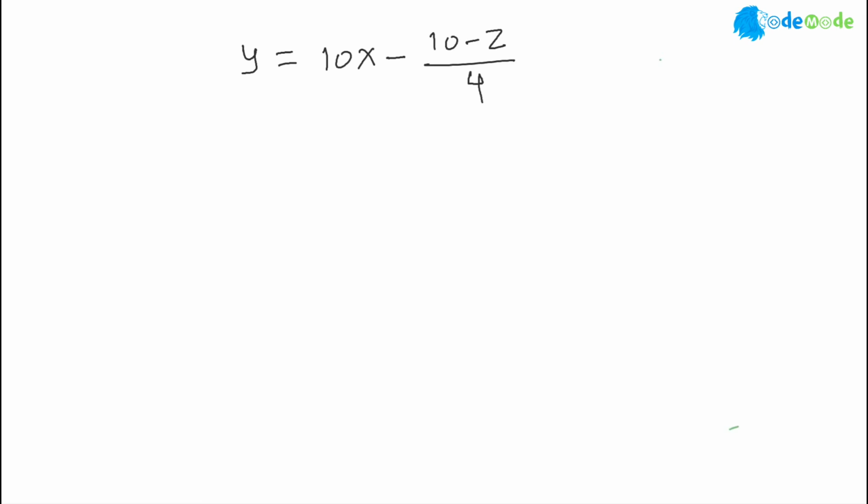So when you say 10x minus 10 minus z divided by 4, the first thing we should do, especially when it is complex, is to split and think in terms of parentheses. So this is 1 unit, so we just put a parenthesis around this. Second thing is this whole thing should be another parenthesis. Actually, I should use a different color so that you can see. And I would say this one.